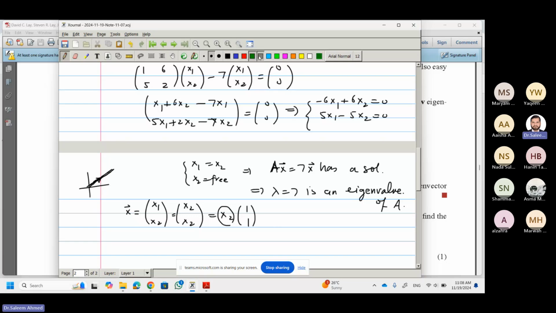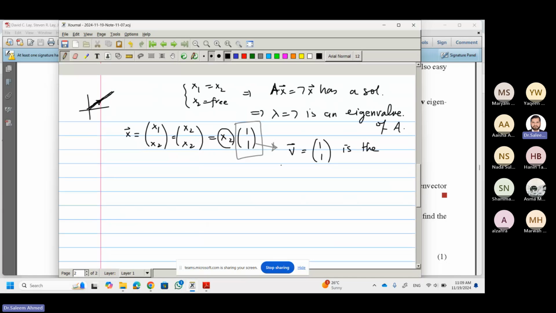This 1, 1 gives you the direction. So this is the corresponding eigenvector. So I can take 1, 1 as the eigenvector corresponding to the eigenvalue, so you can say that this is the eigenvector corresponding to lambda equal to 7.